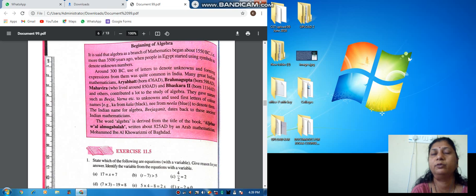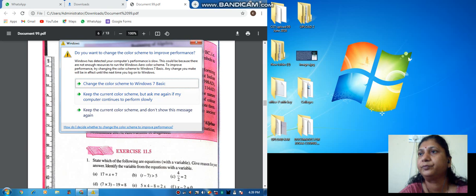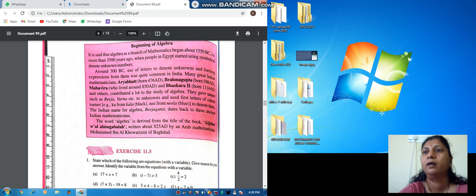So let's see who the great ancient mathematicians from India were: Aryabhatta, born in 476 AD, Brahmagupta, born in 598 AD, Mahavira, who lived around 850 AD, and Bhaskar II, born in 1114 AD.